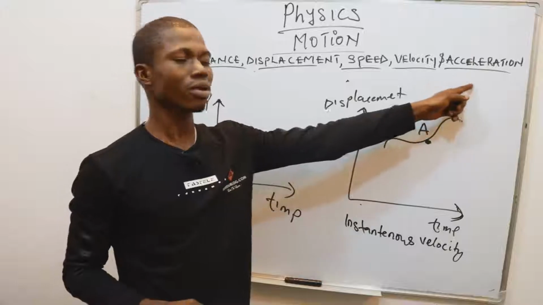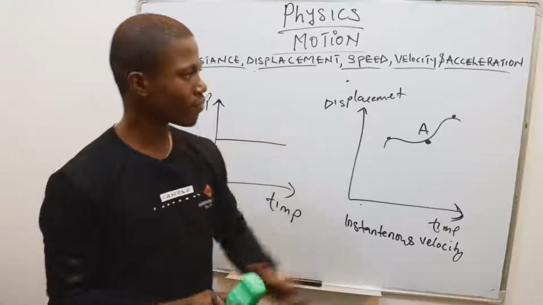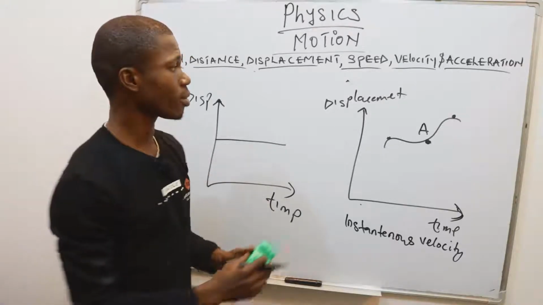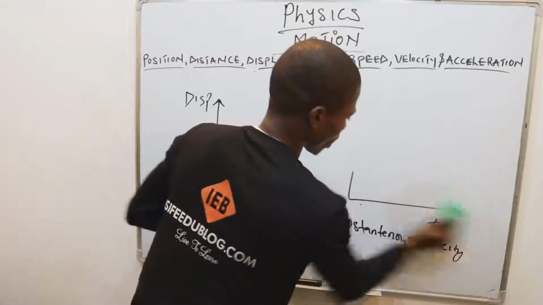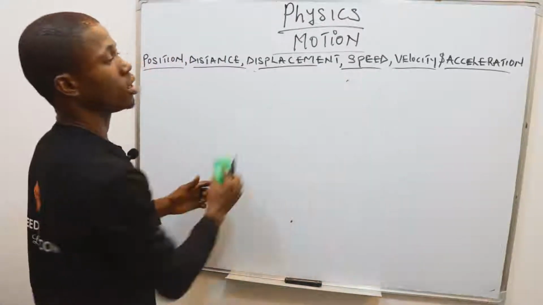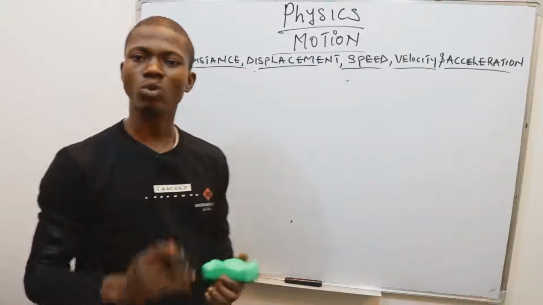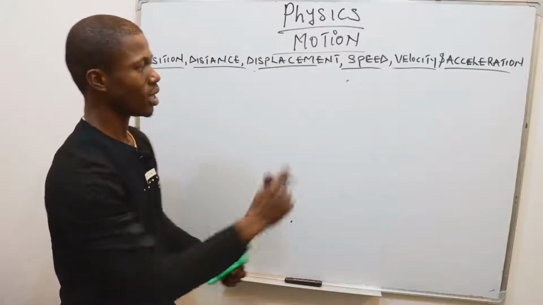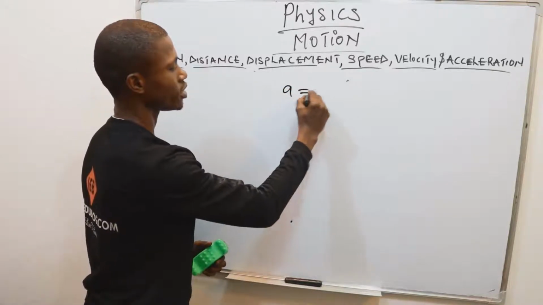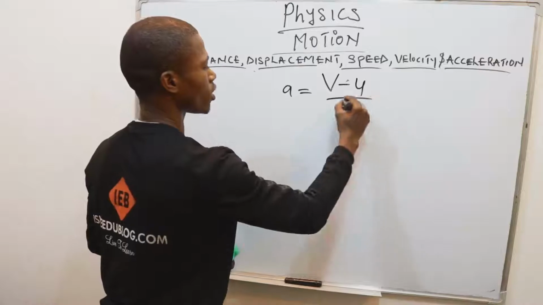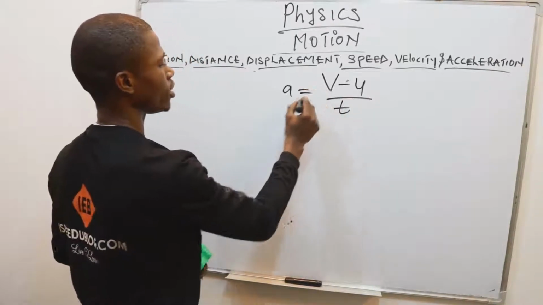Let's quickly go over to acceleration before we come to the velocity time graph. We will make all this easier when we go over to our velocity time graph. As we know, acceleration is just the rate of change of velocity, which is v minus u all over t.